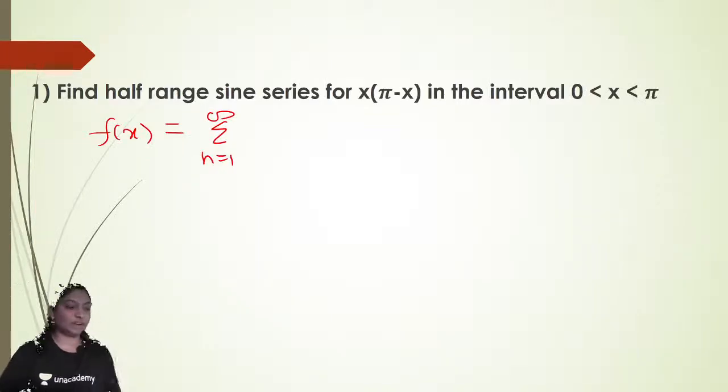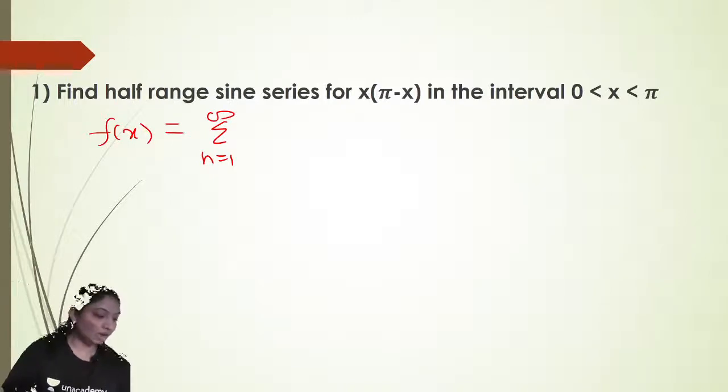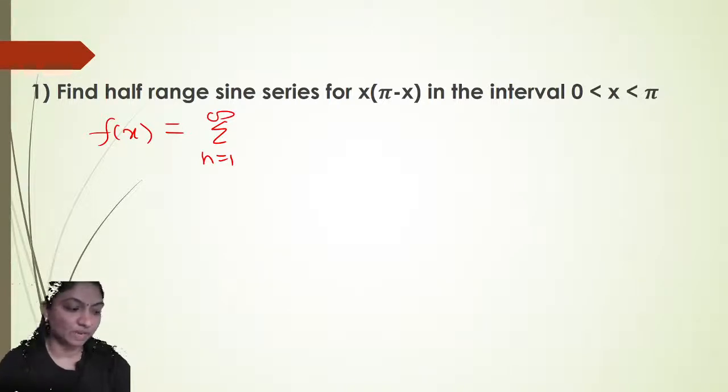Here, summation n varying from 1 to infinity. After integrating this, you will get the factor 2 upon pi. 2 upon pi is a constant because here it is a half range series.